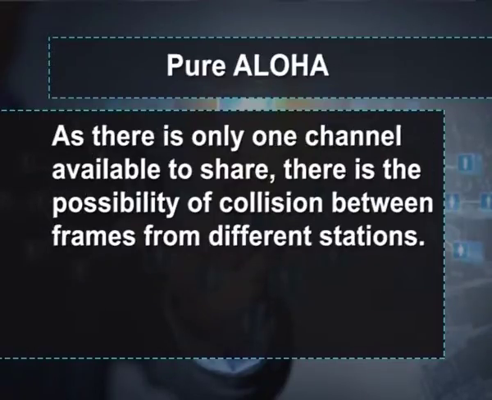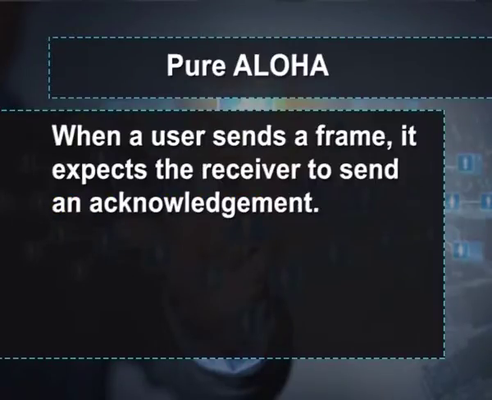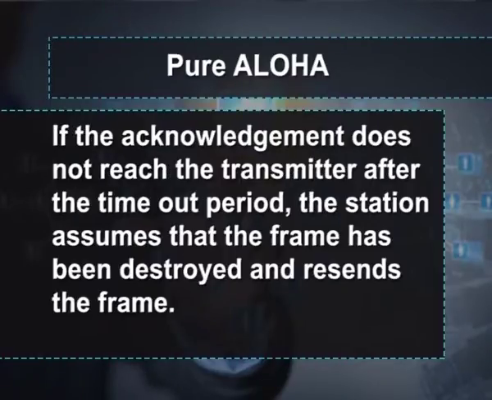As there is only one channel available to share, there is the possibility of collision between frames from different stations. The pure Aloha protocol depends upon acknowledgement from the receiver. When a user sends a frame, it expects the receiver to send an acknowledgement. If the acknowledgement does not reach the transmitter after the timeout period, the station assumes that the frame has been destroyed and resends the frame.